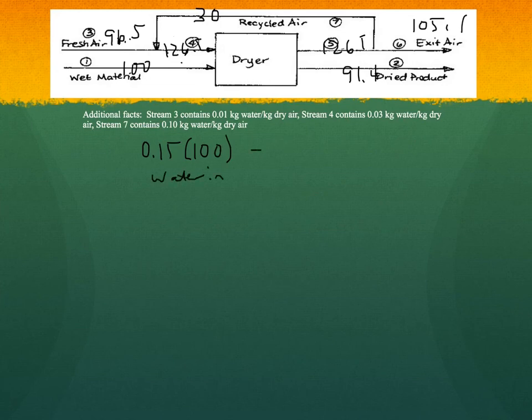The water out came out as 0.07 of 91.4. If I subtract those, the difference between these is how much is removed, and that is 8.6 kilograms of water removed.